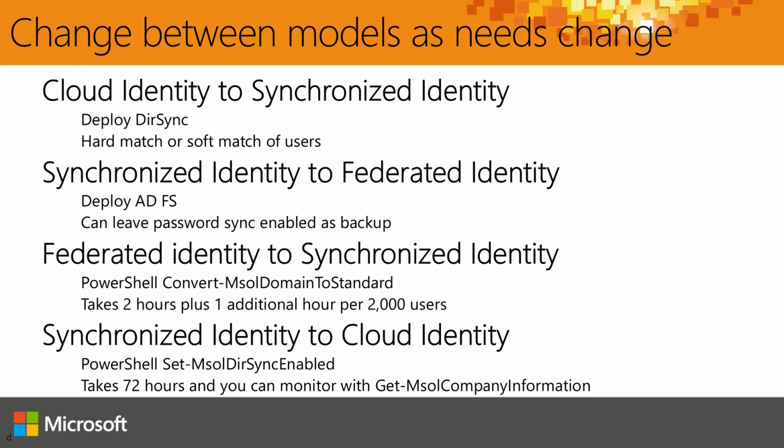Then they'll move to the next step, which is we've run the pilot, we're okay, but for whatever reason, it could be policy, it could be there are specific things we need from ADFS, which we'll have a look at in a few slides. We want to move to federated identity. And that's when they'll actually implement ADFS or potentially a third party and move to that model.